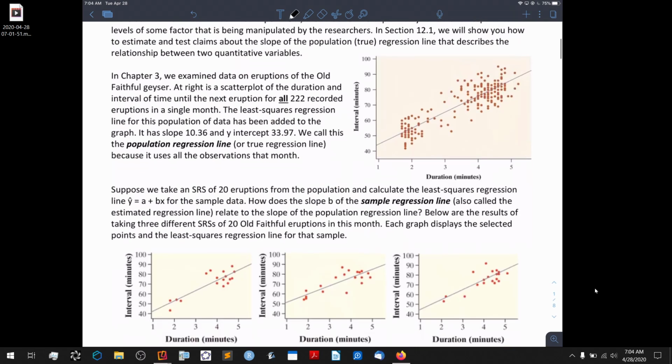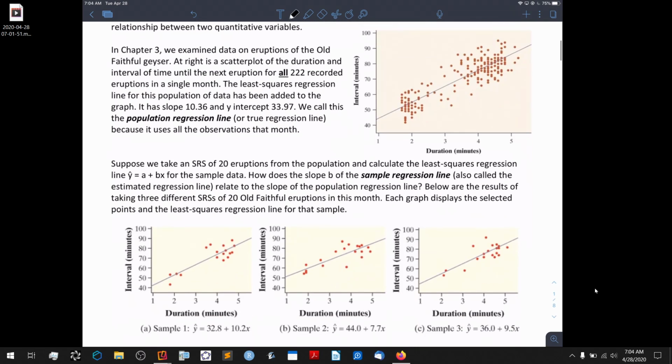Alright, so let's look at this data here. It's important that you understand how we're approaching this. In chapter 3 we looked at this actually, the two clusters. I don't know if you remember that. This was the Old Faithful geyser data, and this is the scatter plot of all 222 recorded eruptions in a month.